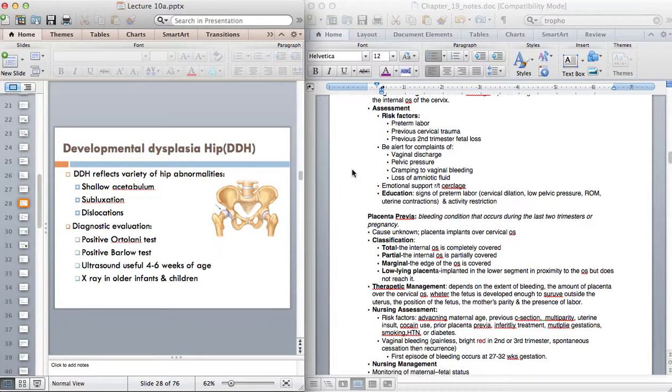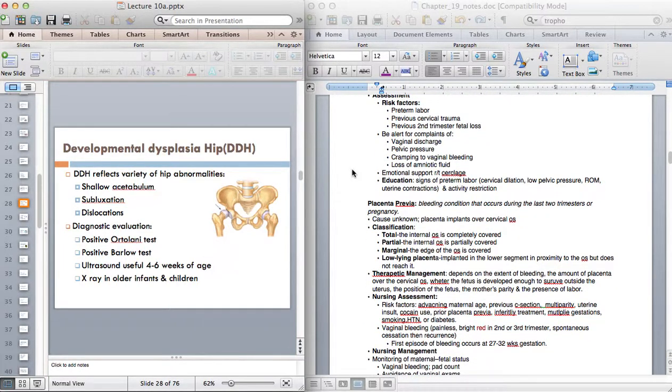Of course, the first thing, and you've noticed this in your immediate newborn assessment, will be your Ortolani test when you do the hip click. I hope you remember that. Okay. Or you do the Barlow's test.